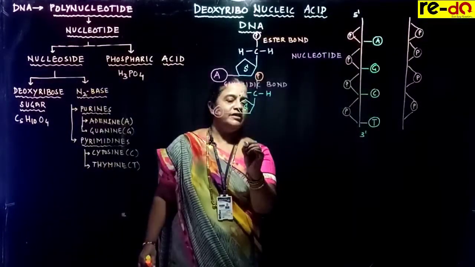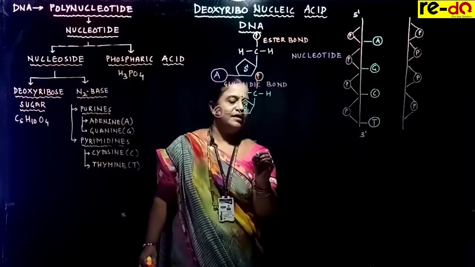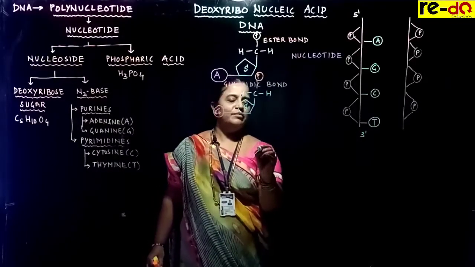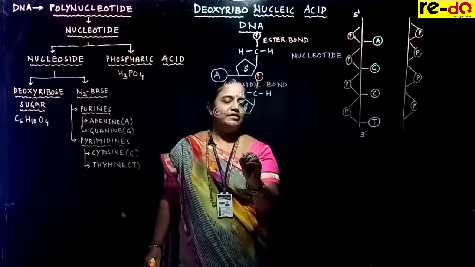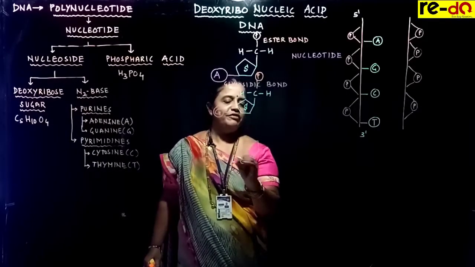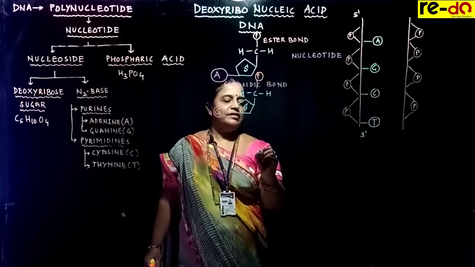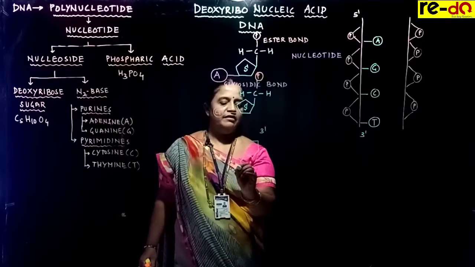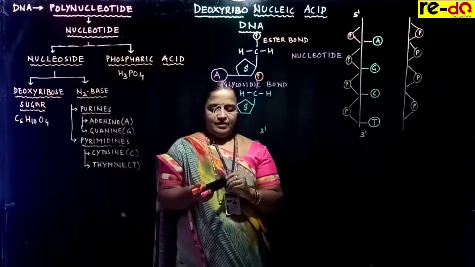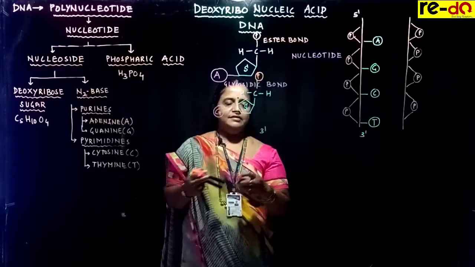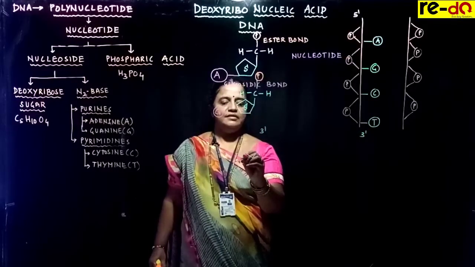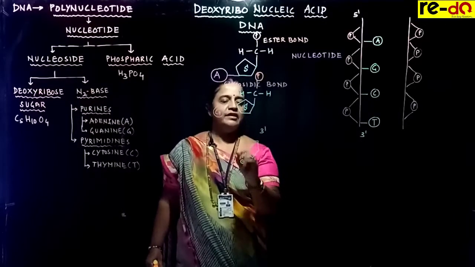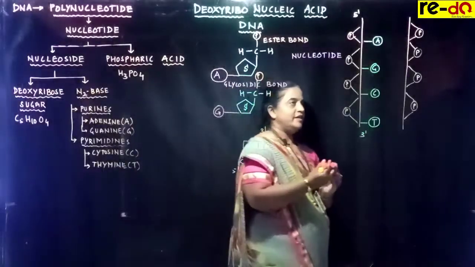The sugar is inverted like this. This is carbon 1, 2, 3, 4, and this is the 5th carbon. So this end is 3', and this end we call 5'. Here this is the glycosidic linkage, and here the ester linkage. So here the sugars are inverted.